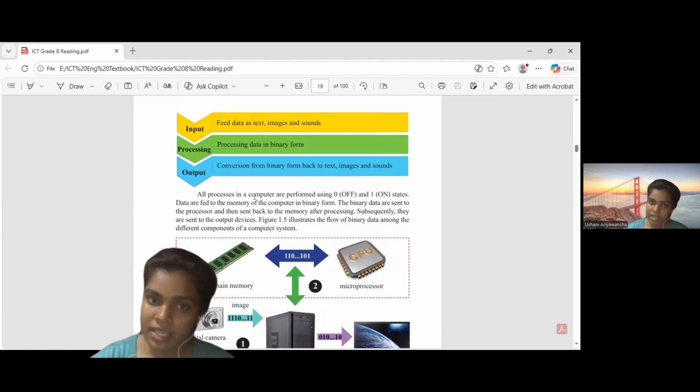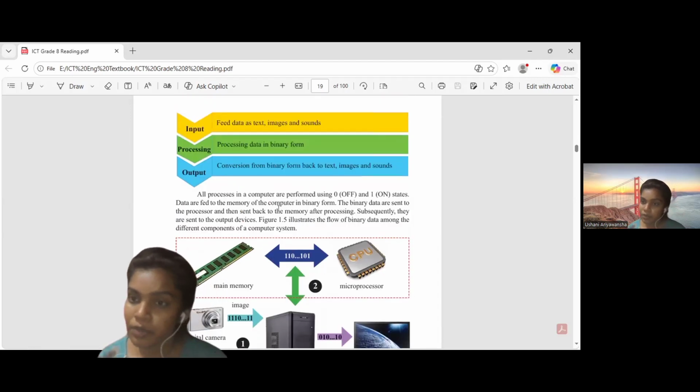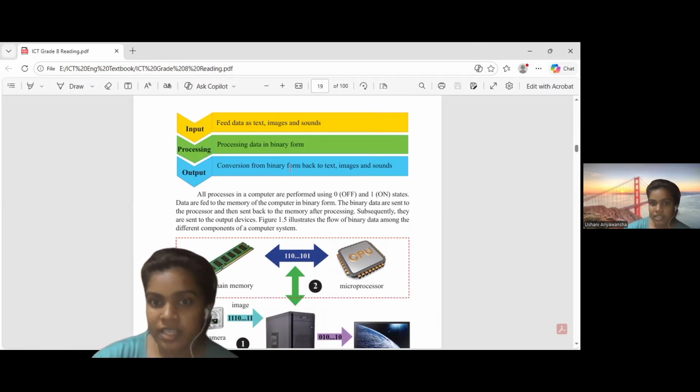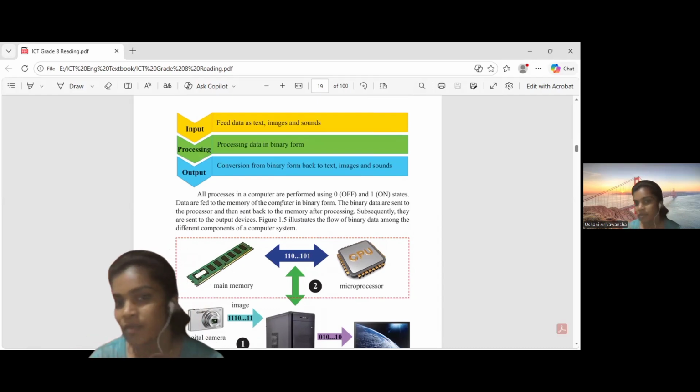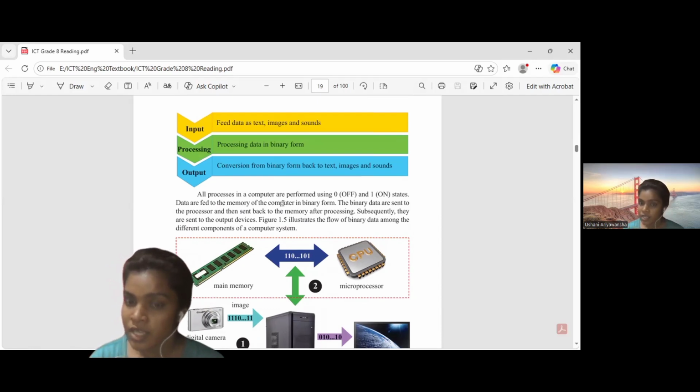And the other thing is in computer, in information technology, all processes in a computer are performed using 0 and 1, right? Putte, think about a switch, right? 0 means switch off, 1 means switch on, right?